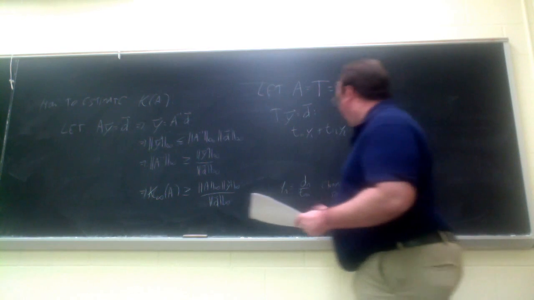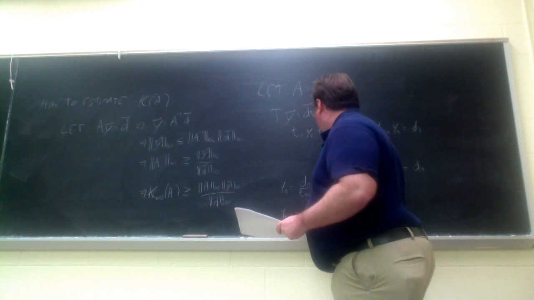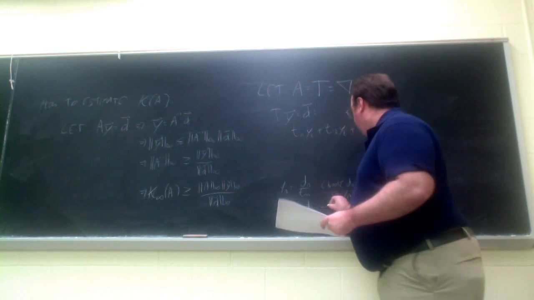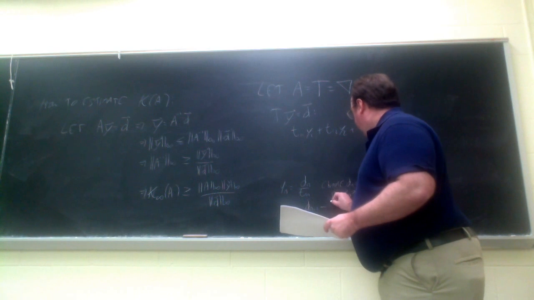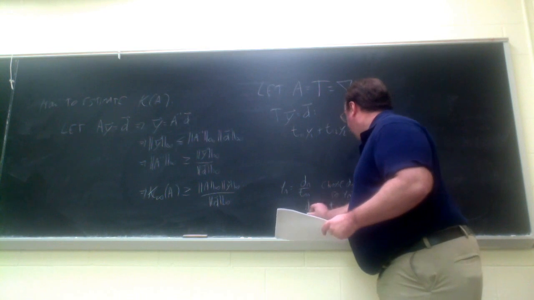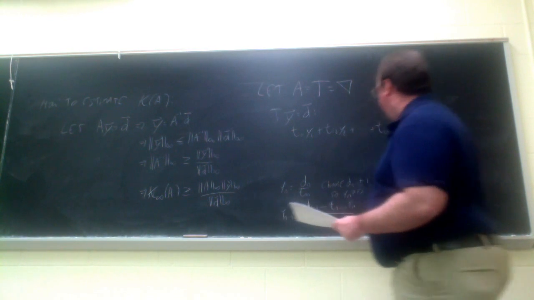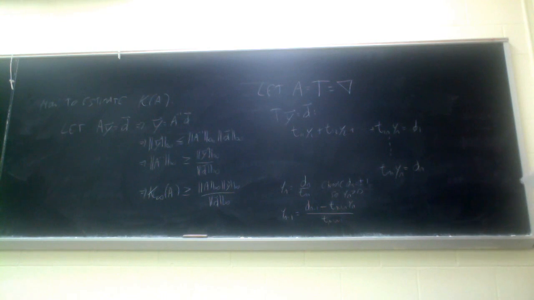So yn-1 by back substitution is dn-1, which we need to choose, minus t(n-1,n) yn over t(n-1,n-1). So what we do is we choose dn-1 to be plus or minus 1.